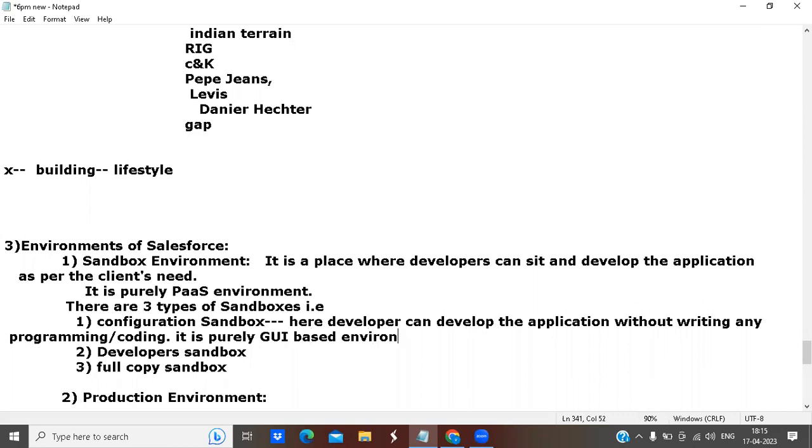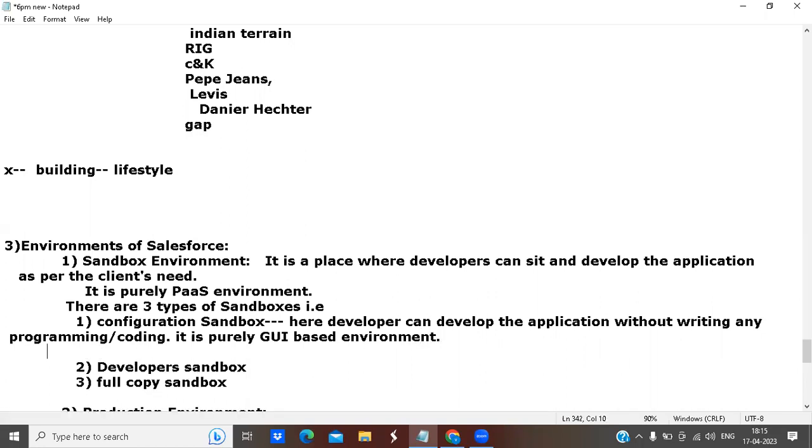Understand all of you? What does GUI stand for? Graphical user interface. Just drag and drop, point and click. Developer no need to write any programming. I can say 40% of the application in Salesforce we can develop through the UI. So the coding part is very less, guys.